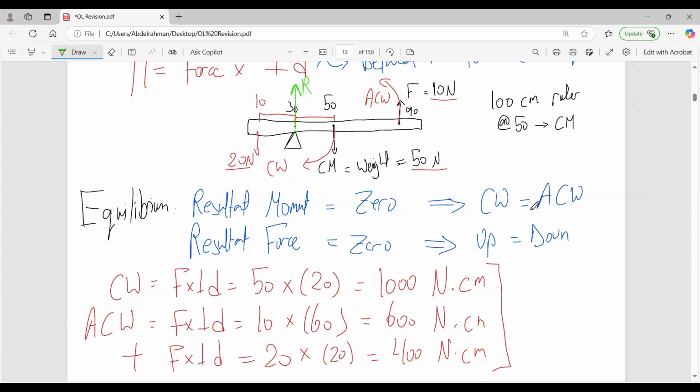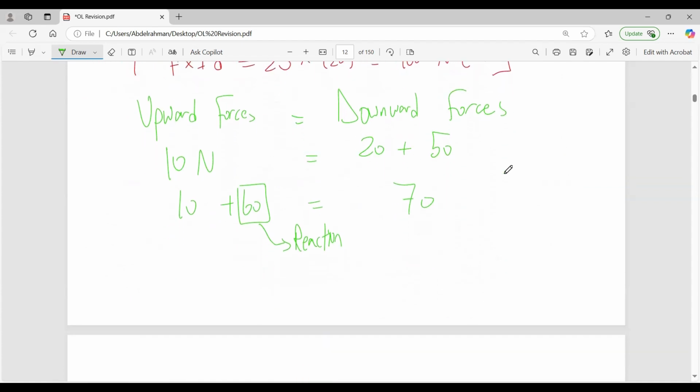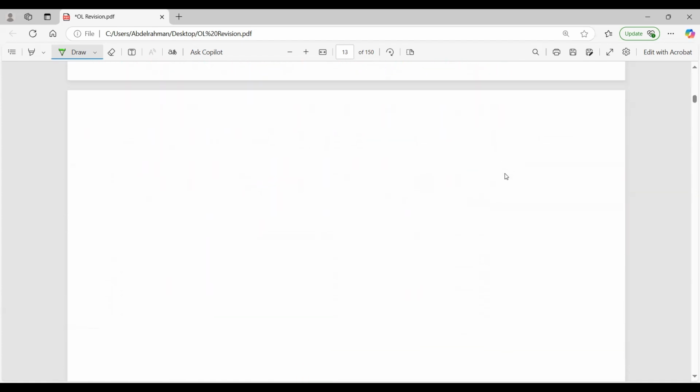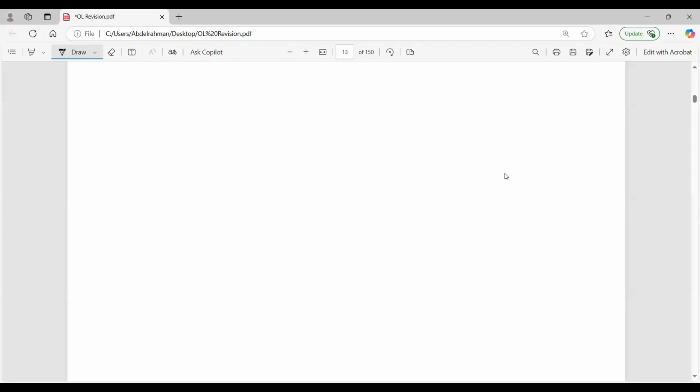Okay? Now quickly moment, and then usually some questions related to moment are when they ask you about the stability. When they ask you about the stability of an object, if an object is stable or not, or how can you increase or decrease the stability of this object. So the stability has to do with two things.